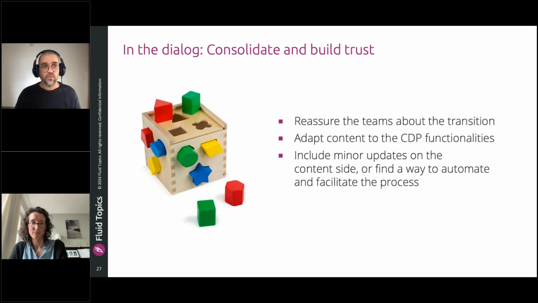More importantly, when they transition from another authoring system, when they didn't have any clue about structure of documentation, but also when they were absolutely skilled in DITA, moving from a CCMS to another, or moving from a CDP to another, involves several considerations, because you may need to adapt content to the CDP functionalities, or also to include minor updates on the content side and the automation.